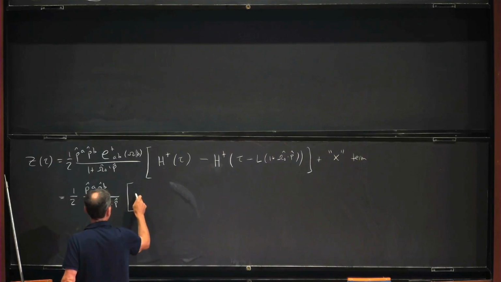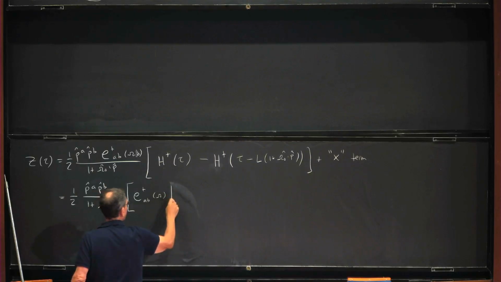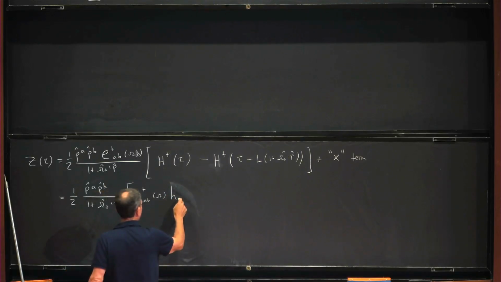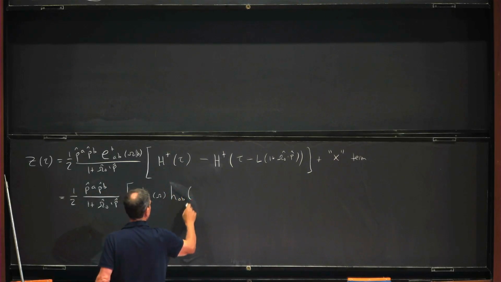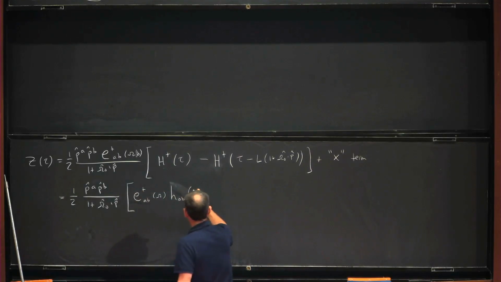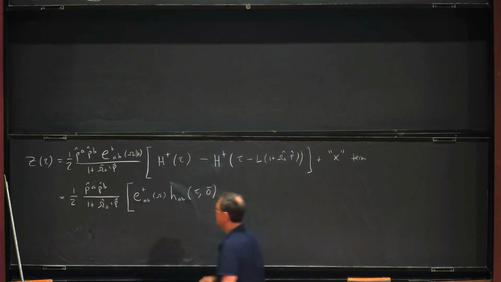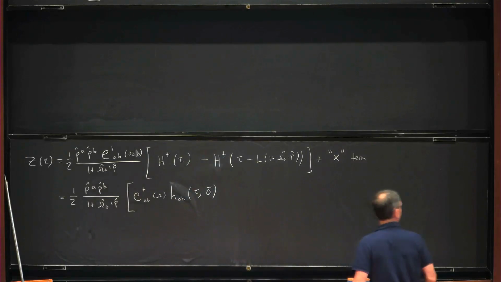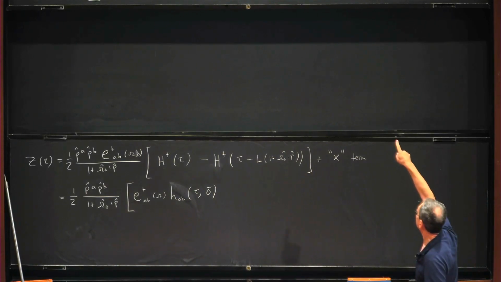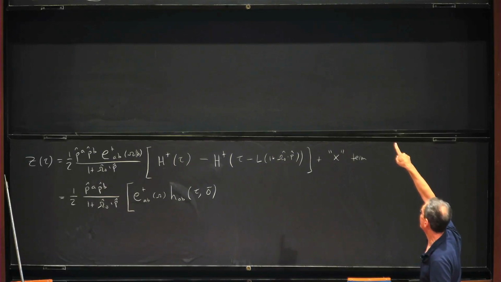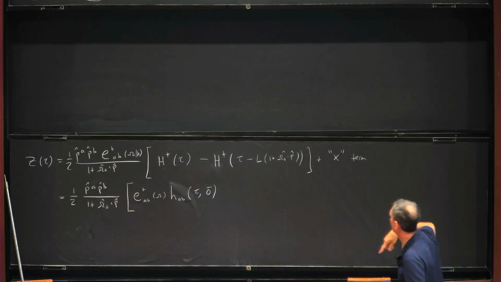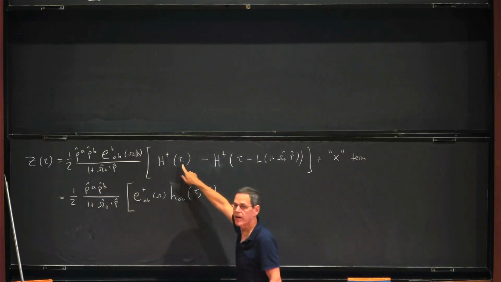This is E plus AB of omega 0 dotted into the amplitude HAB at time tau at position 0, right? After all, if I go back to the formula which I've put in the box up there, and we put t equals tau and x equals 0, so that's at the Earth, or at the solar system barycenter, then you can see that H plus here just becomes H plus of tau.